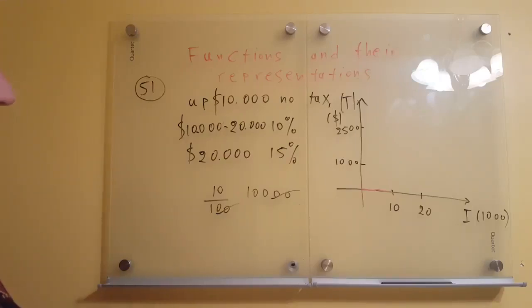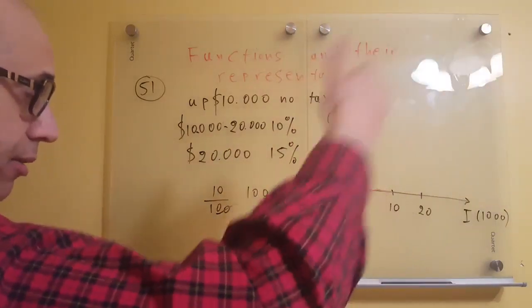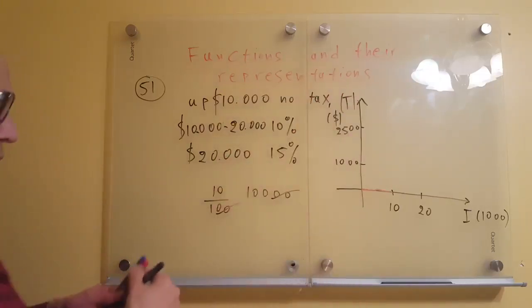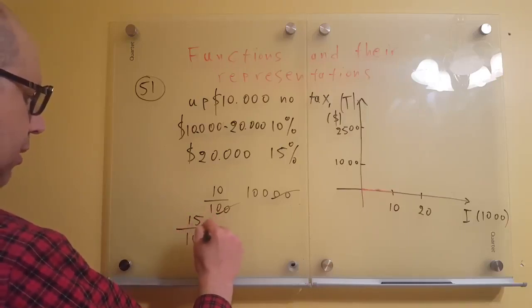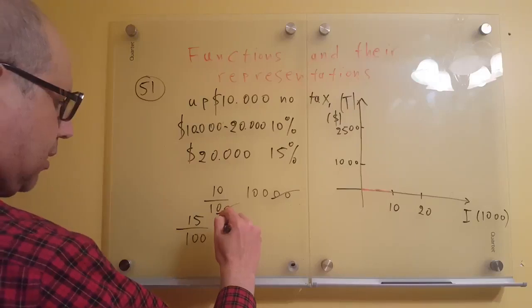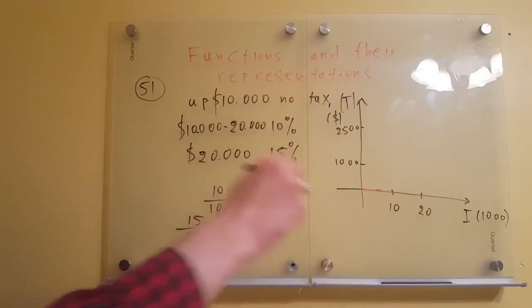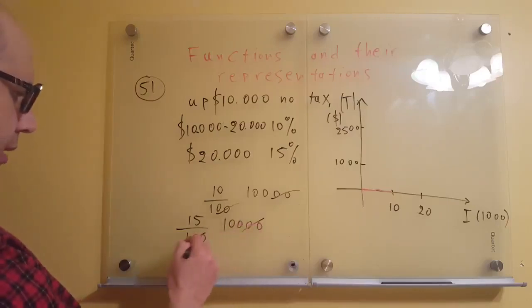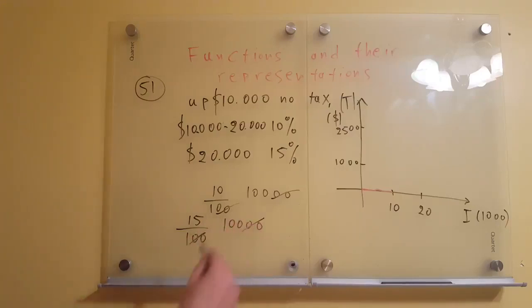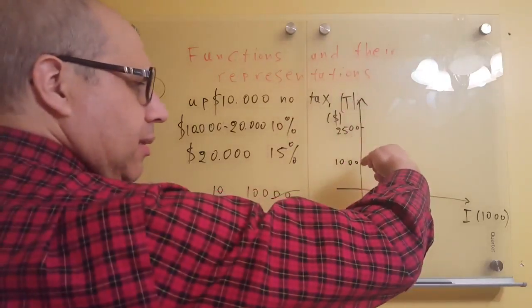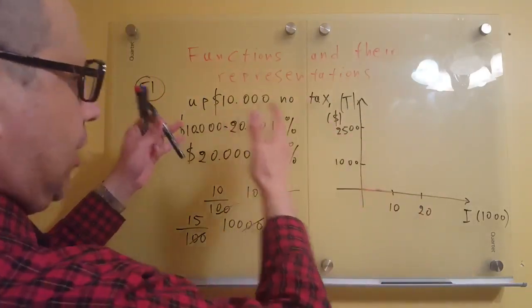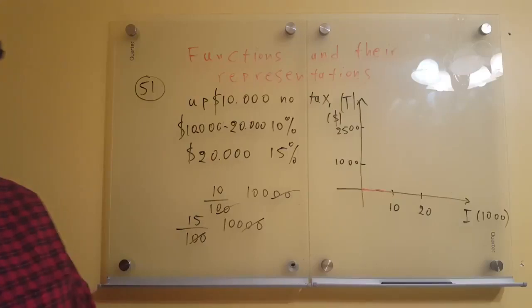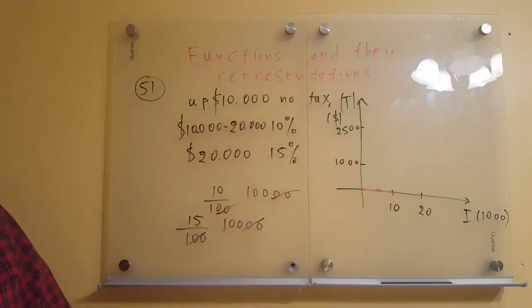So that means that the rest, 30 minus 20, is 10,000. For this 10,000 he will be taxed at 15%, and that will make it 15 over 100 times the 10,000, which is from 20 to the 30,000. So this with this cancel, and that gives you 1,500. So 1,500 plus the 1,000 that already taxed from the bracket from 10 to 20. So that gives you the 2,500. So that's how I choose these two numbers to put in the graph.